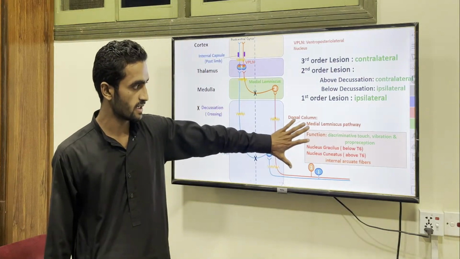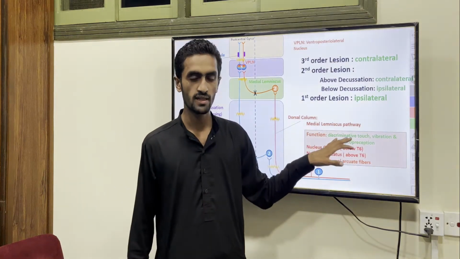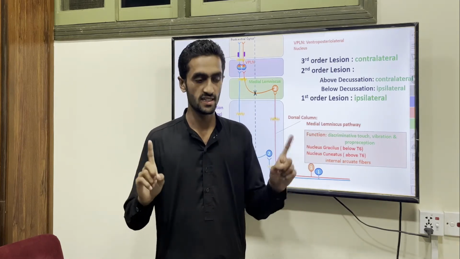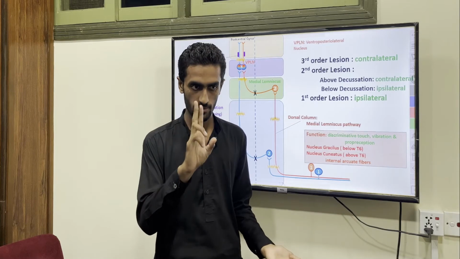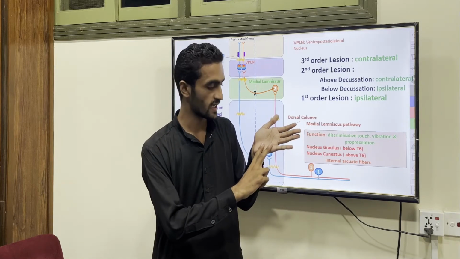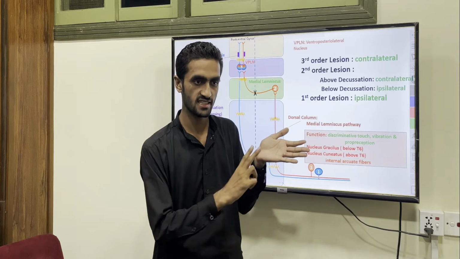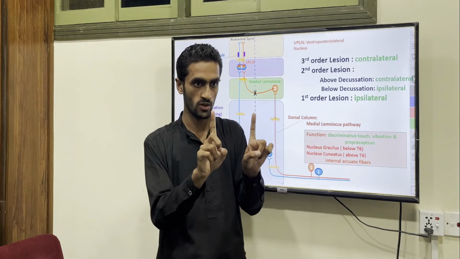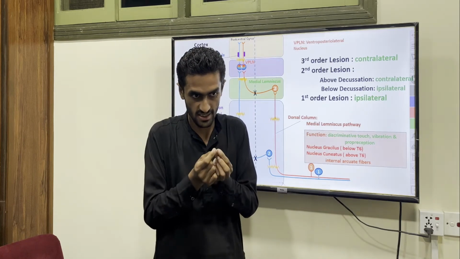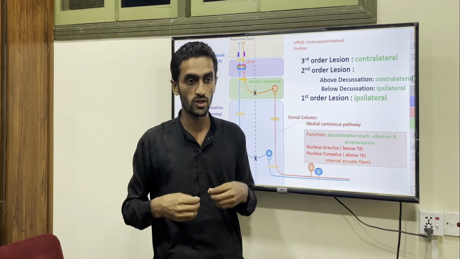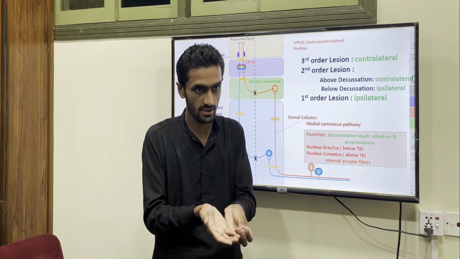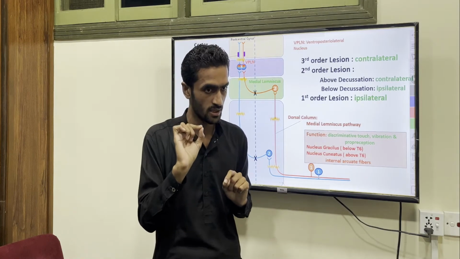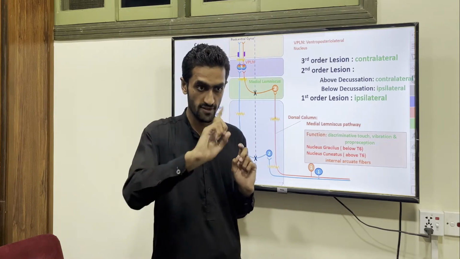So this function is discriminative touch. There are fine touch, discriminative touch, and crude touch. Let's see what discriminative touch means. If I touch with two points, I can sense that the hand is touching at two different points. This is discrimination. The discrimination distance depends on the area. In a distal area, if the two-point difference is 5 millimeters, I can differentiate two points.